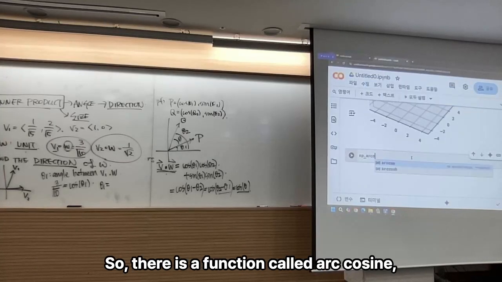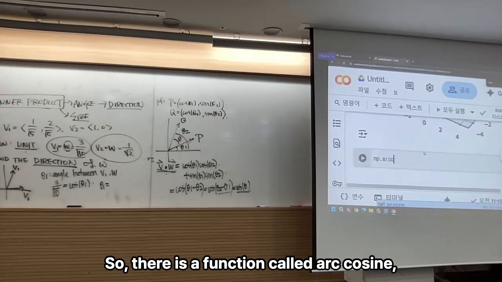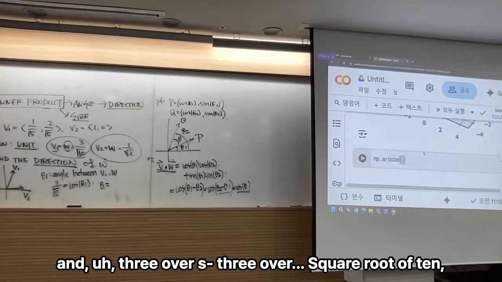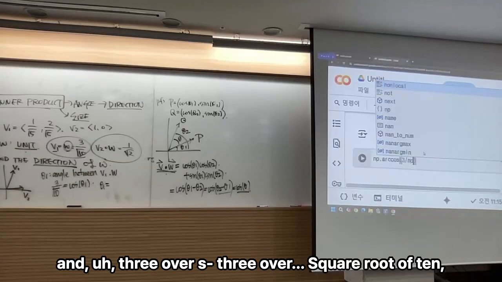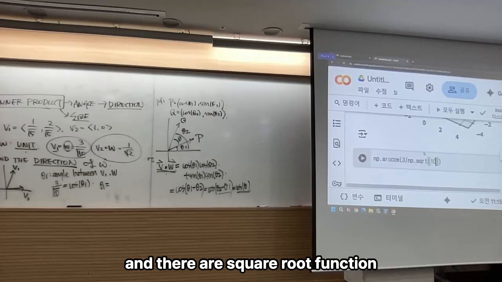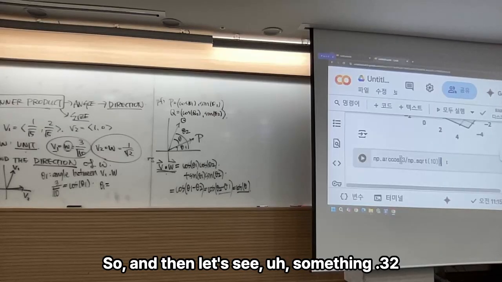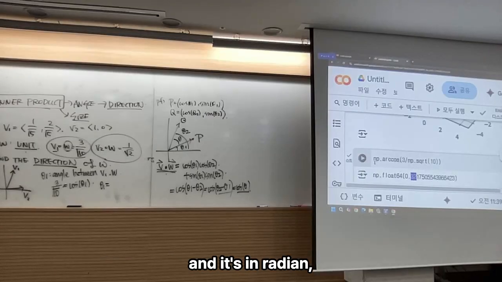So we have to compute with Python here, or a calculator if you want to. There is a function called arc cosine, which is inverse cosine, of 3 over square root of 10. And there is a square root function in the NumPy package also, which is sqrt. So, let's see, something like 0.32, and it's in radians.